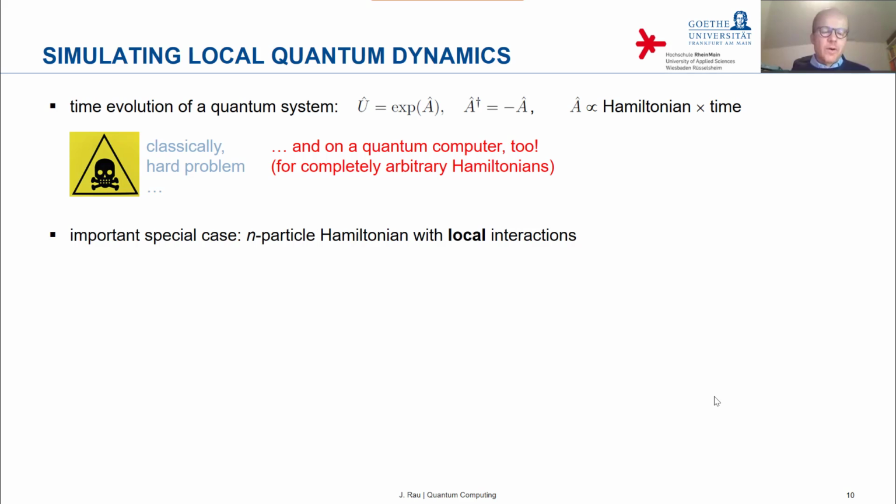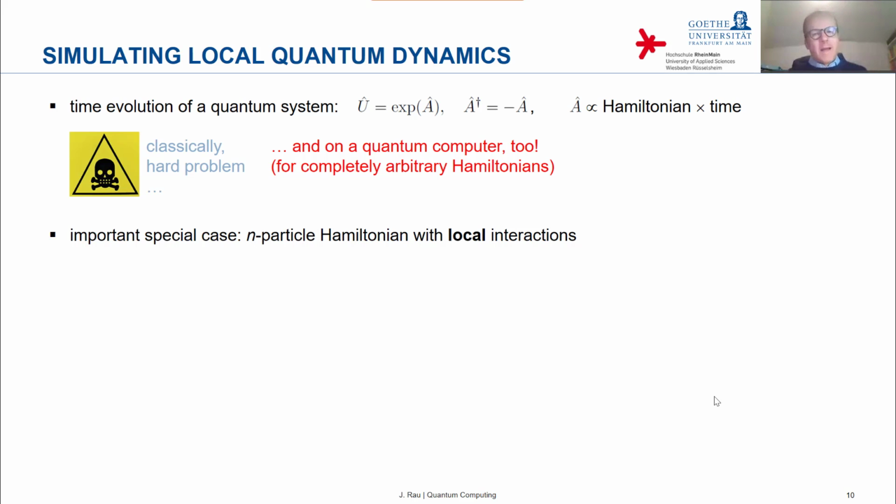Or we have, I don't know, in solid state physics, an Ising system, so elementary magnets, for example, and they interact with each other, but only nearest neighbors, or the next nearest neighbors, but a finite range of interaction.